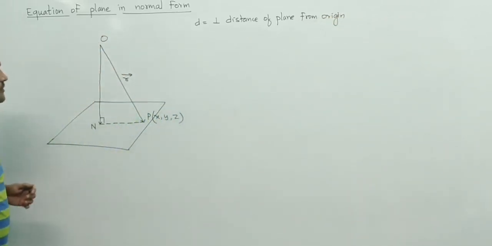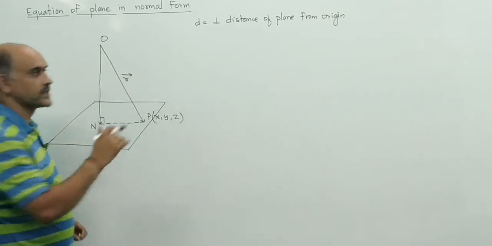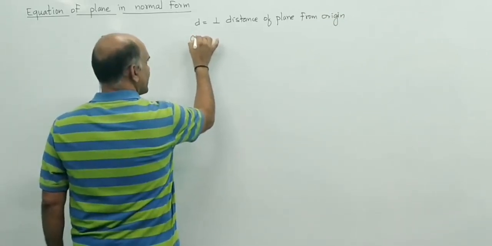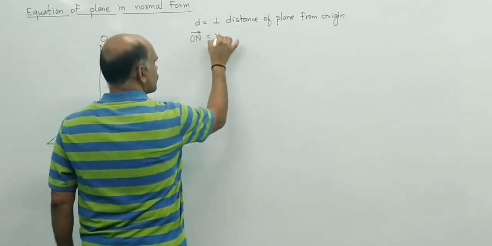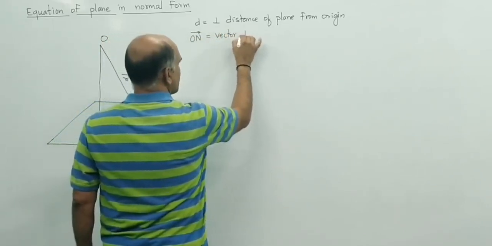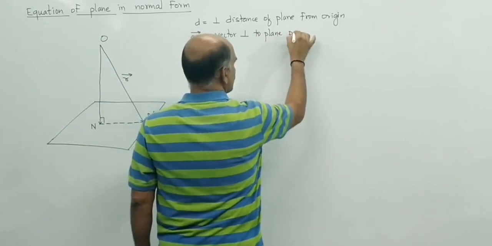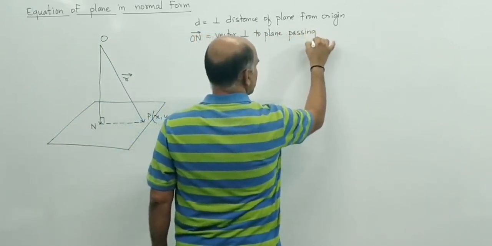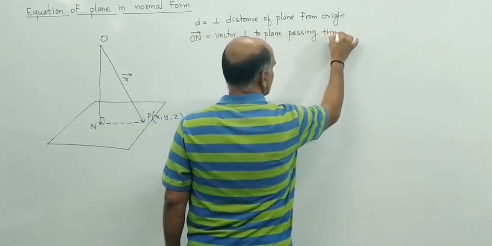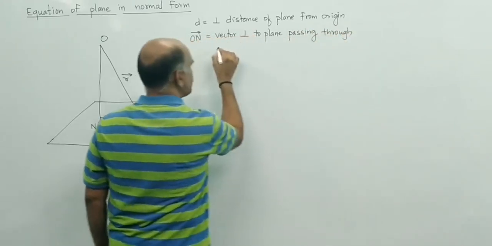Perpendicular distance of a plane from origin, and ON is equal to the vector perpendicular to the plane passing through origin.